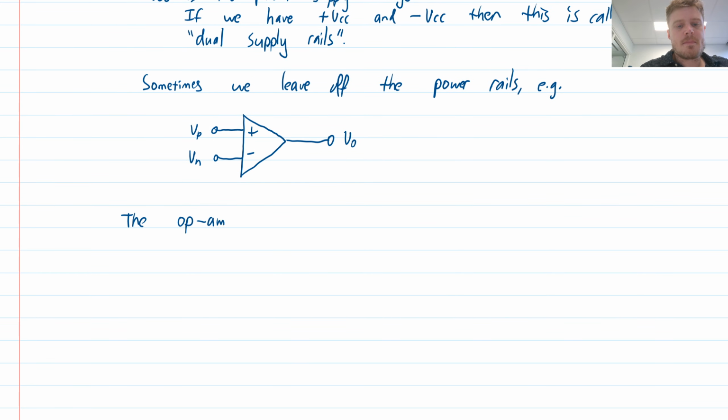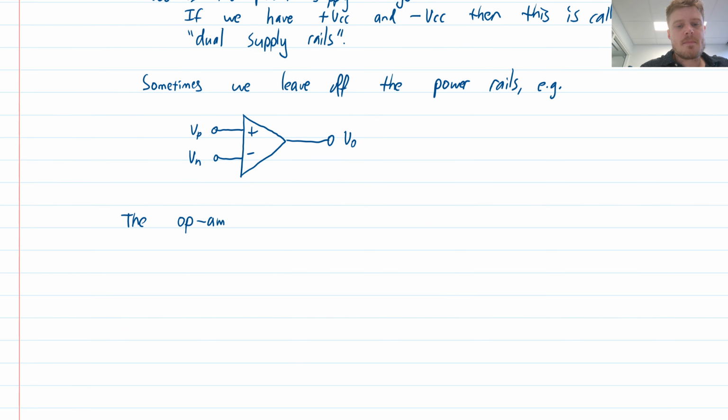And the point at which we have this saturation, so the value over here is positive VCC, and the value down here is negative VCC. So VCC is our power supply voltage. So this op-amp will be linear within this range, but it can't just magically produce higher voltages. They actually will saturate when you reach the limits of the power supply.